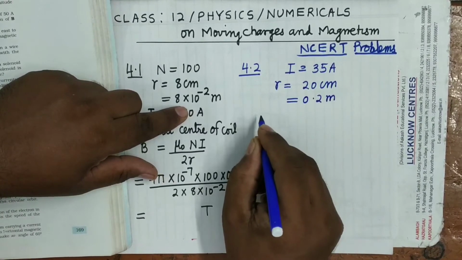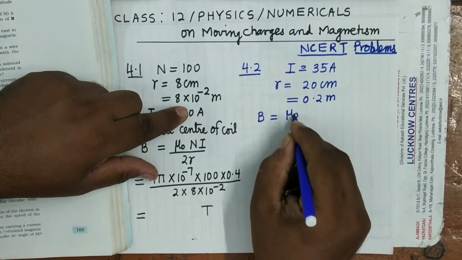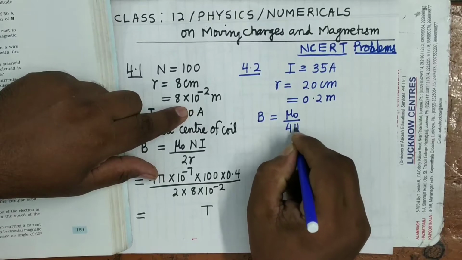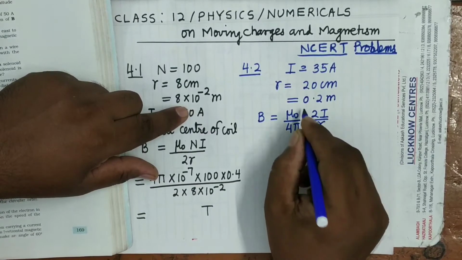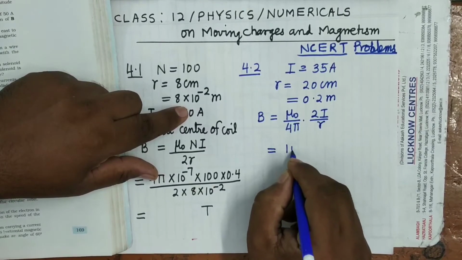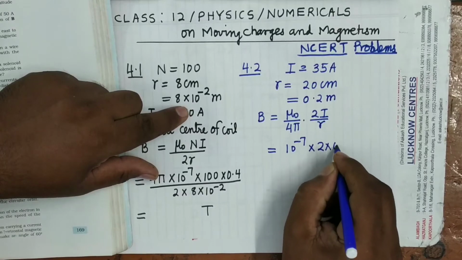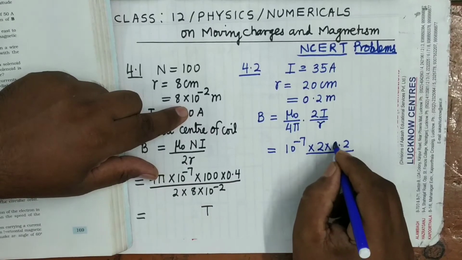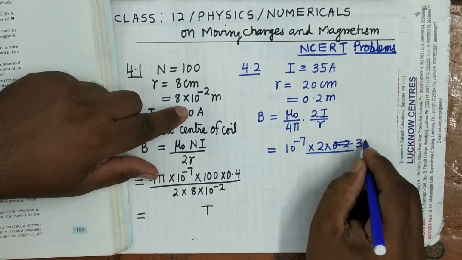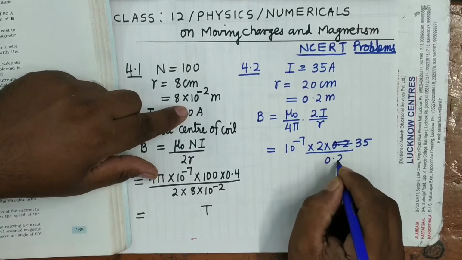Now what is the formula of magnetic field? B equals mu naught upon 4 pi into 2I upon R. Now this is 10 to the power minus 7 into 2, what is I here? I is 35. And what is R? R is given 0.2.